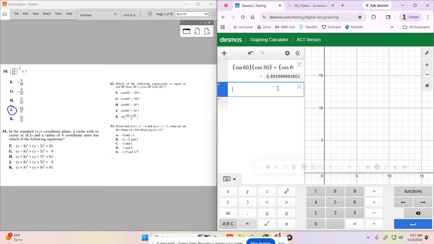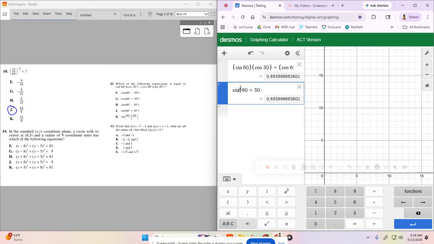All right, this is the decimal that I should have. I'm going to try my answer choices. Cosine 60 minus 30 is not the same decimal. Cosine 60 plus 30, still not the same decimal. Let's change this to sine.